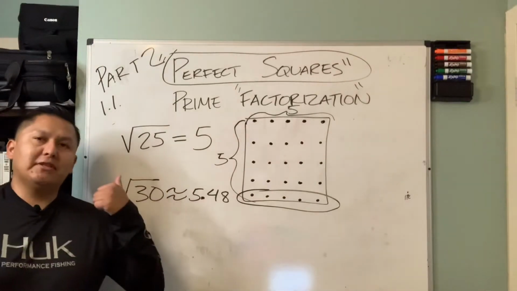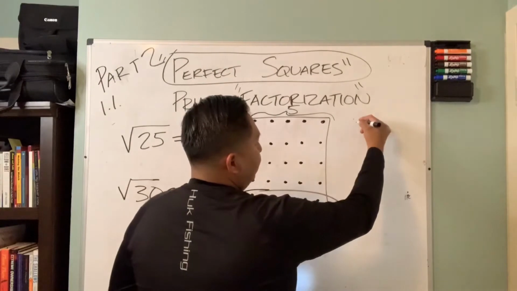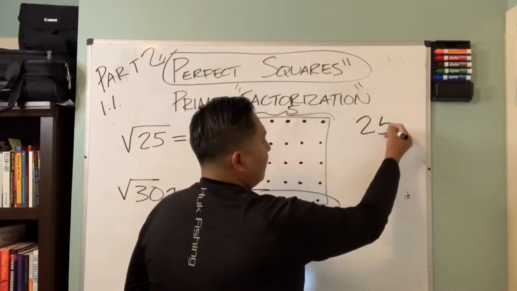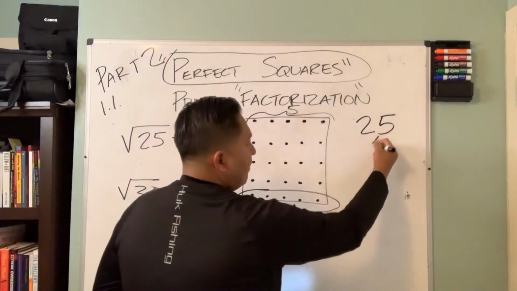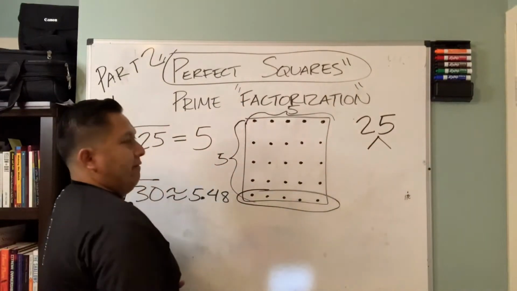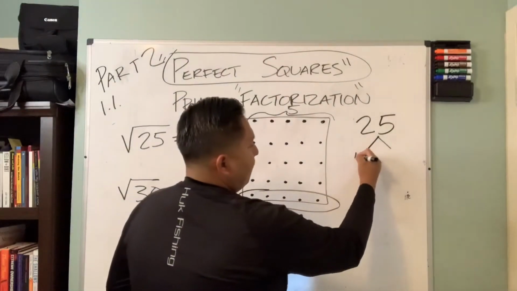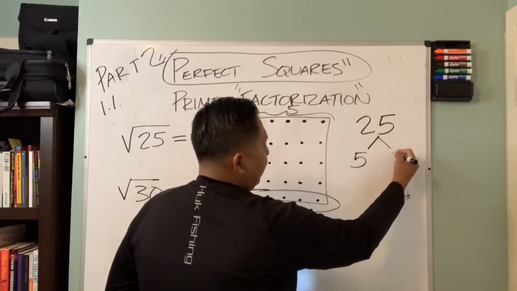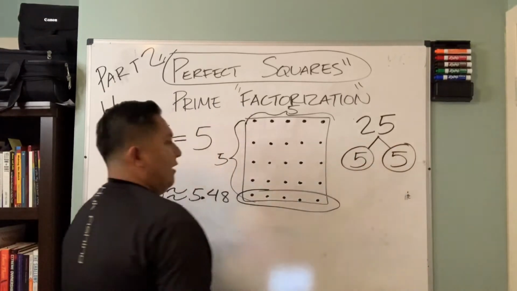All right, so using 25, using the factor tree, we have 25. The two factors that make 25, you could say 5 and 5. Now 5 is prime and also 5 is prime.